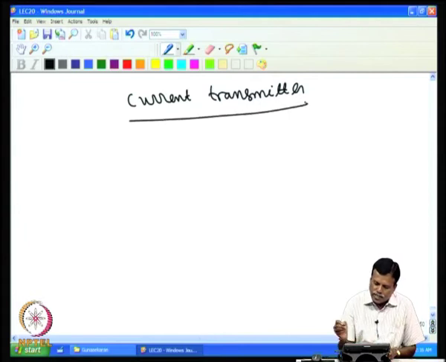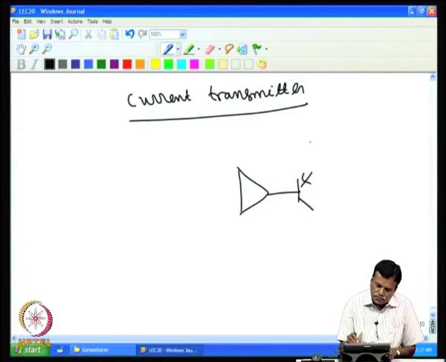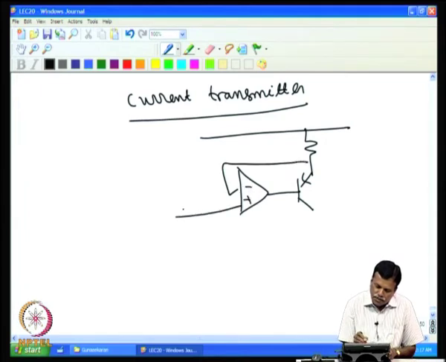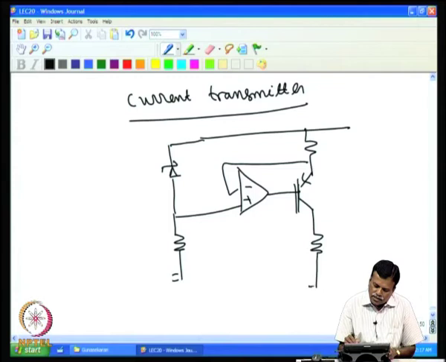If you look at the current transmitter design, there are two possible circuit topologies that can be used, and one could be this. The current transmitter of this type, and then in this case if I have a voltage Vz here, then you have a current coming here.